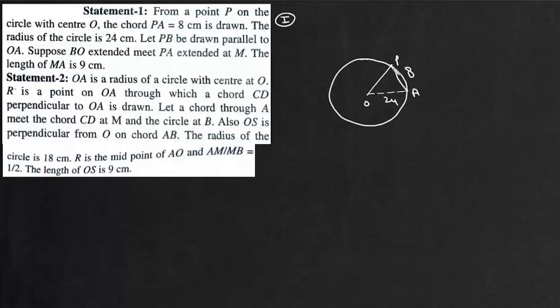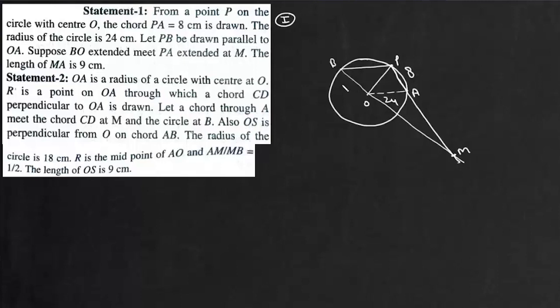And it says PB is drawn parallel to OA. So we have drawn this PB, which is parallel to OA. Now BO extended. So we have extended this BO and it meets extended PA at this point M. Now it says length of MA is 9 centimeters.